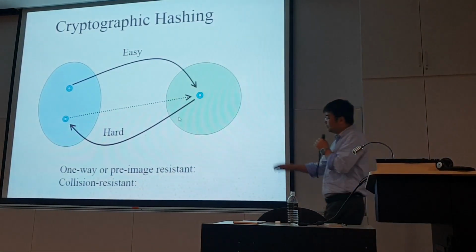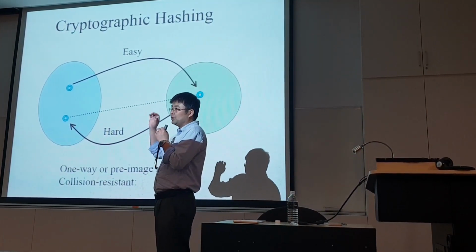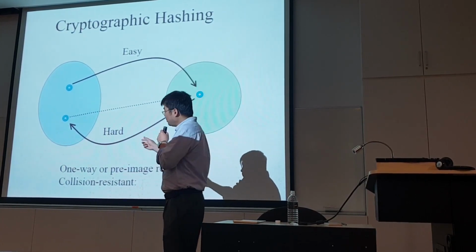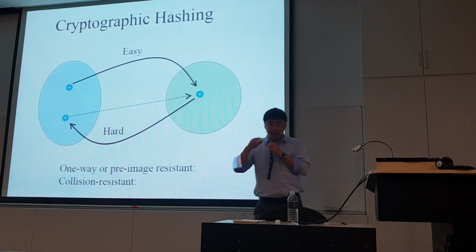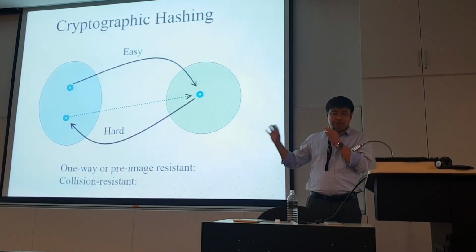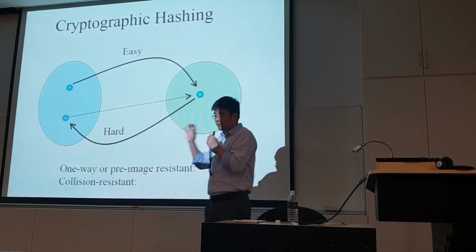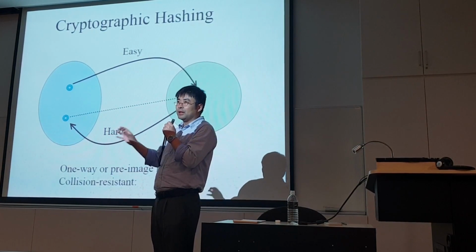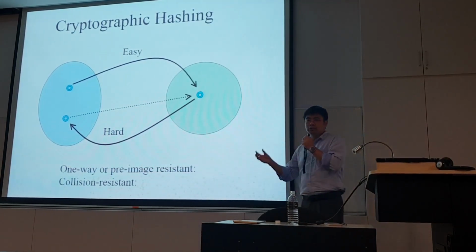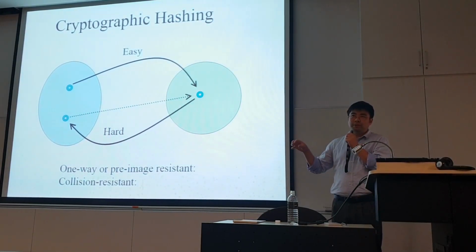Alright, if you study these two properties with passwords, you can easily identify why we need them. One-wayness means if we hash a password and store the hash value instead of the plain password, then even if the attacker obtains the password table, the hash outputs of the passwords, the attacker cannot directly get the password, because they only get the transformed password.